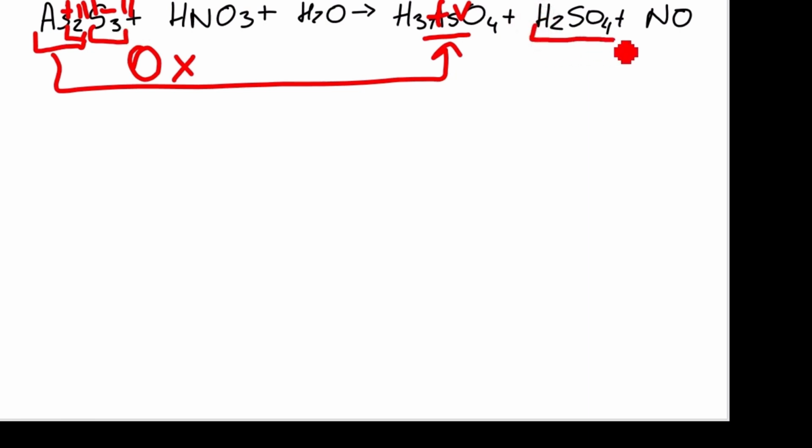Here, in sulfuric acid. In sulfuric acid, the sulfur oxidation state is equal to plus 6. We already calculated all of the oxidation states of the elements in sulfuric acid at the very beginning of this chapter.